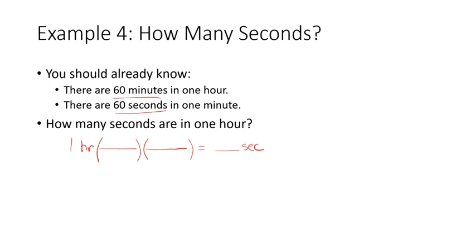What this means is that we know there are 60 minutes in 1 hour. And so if we convert from hours to minutes, we're going to multiply times this conversion factor.